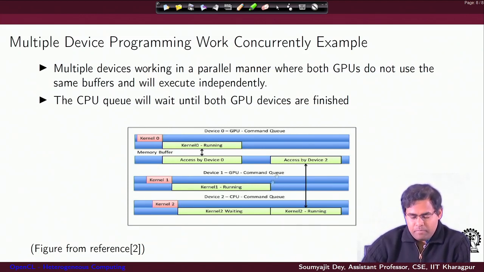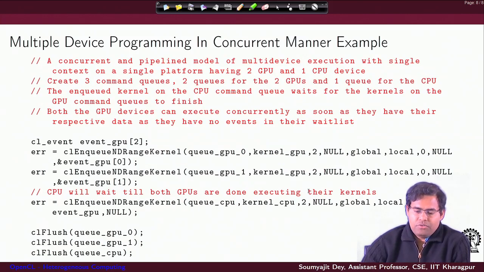Then the requirement is I have a kernel 2 which is supposed to execute on device 2, which is a CPU device, and I have enqueued this execution command in the command queue of this CPU device with the dependency that this kernel should wait and start executing only when kernel 0 and kernel 1 both of them have completed their execution. They will then access them, and then they will output the result. So, we are trying to see how that can be done.